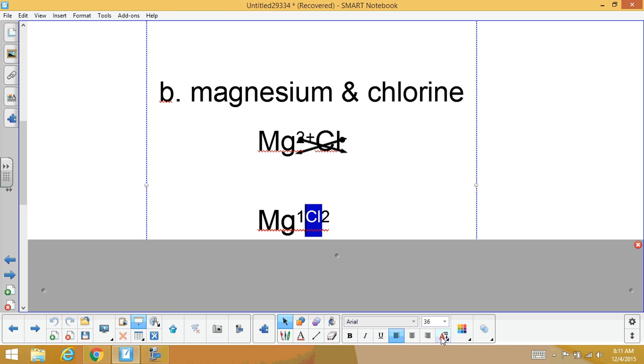Those numbers should be subscripts, not superscripts, as in they should be towards the bottom and not towards the top. So when we combine magnesium and chlorine together, we have Mg1Cl2, or magnesium chloride.